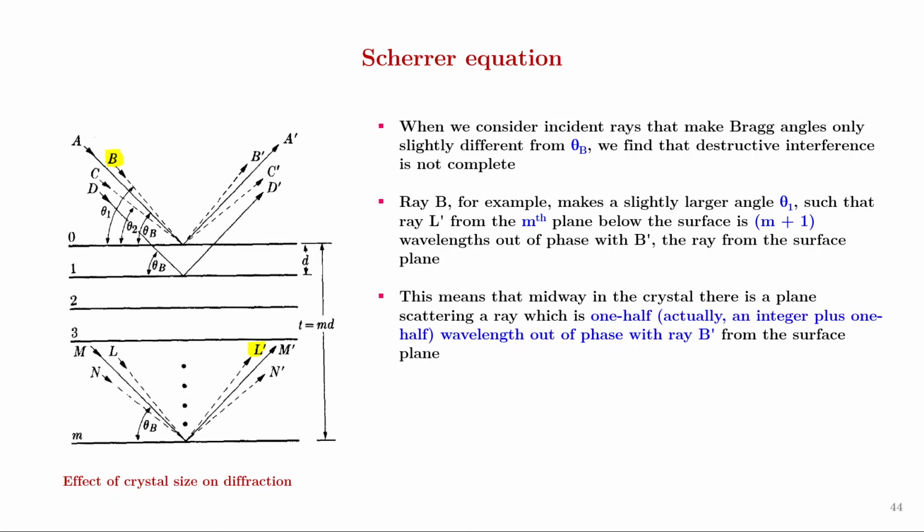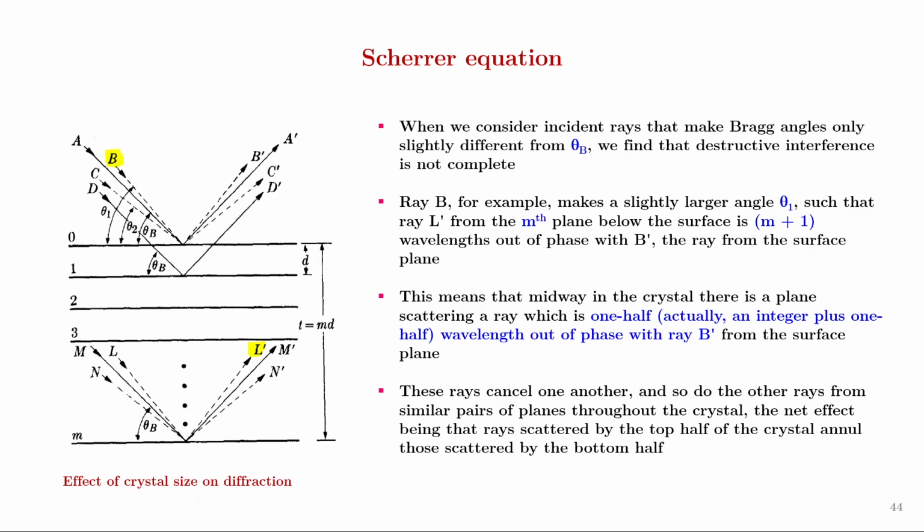This means that midway in the crystal there is a plane scattering a ray which is 1/2, actually an integer plus 1/2 wavelength out of phase with ray B dash from the surface plane.